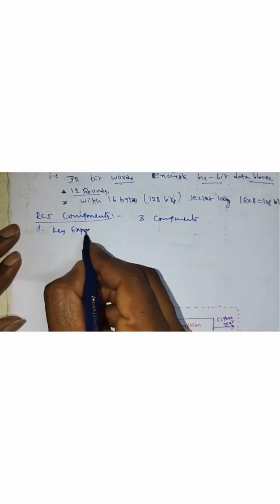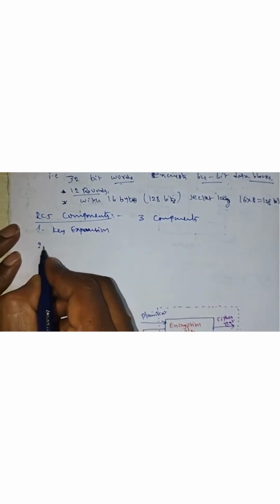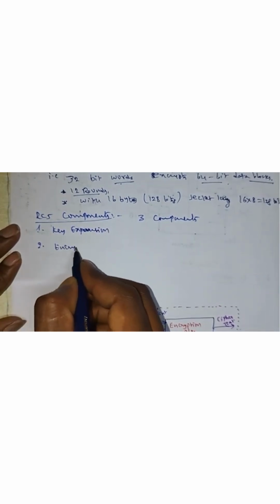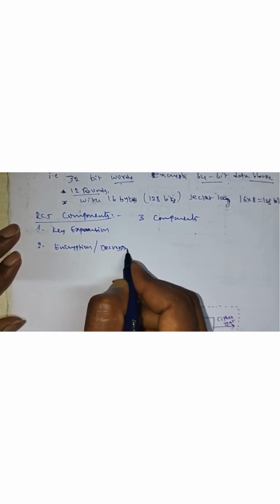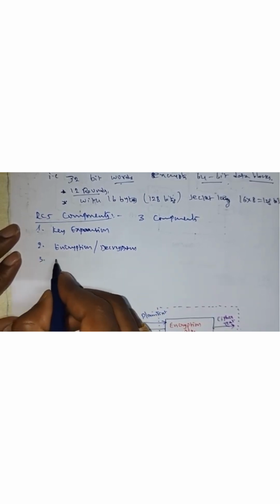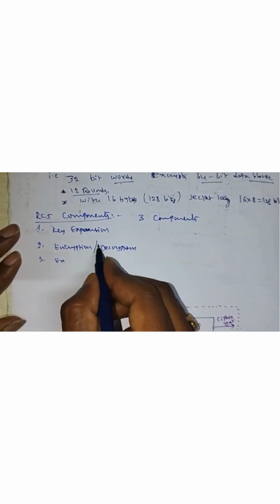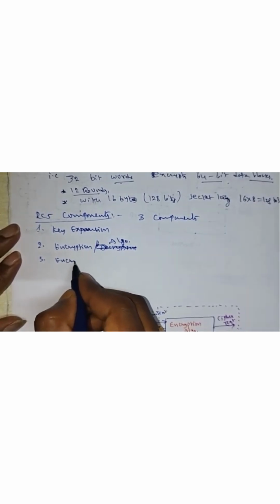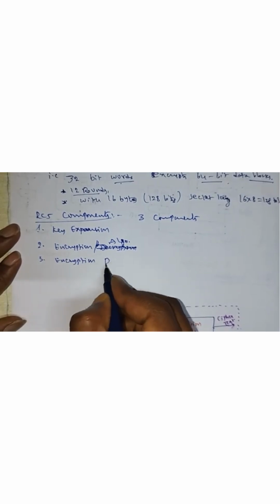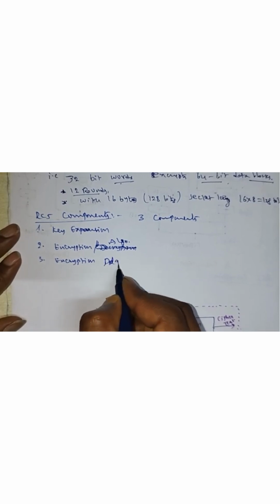The first one is key expansion, the second one is the encryption algorithm, and the third one is the decryption algorithm. We will see them one by one.